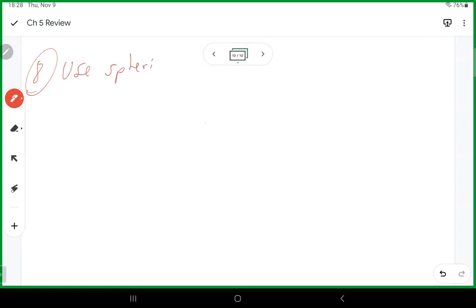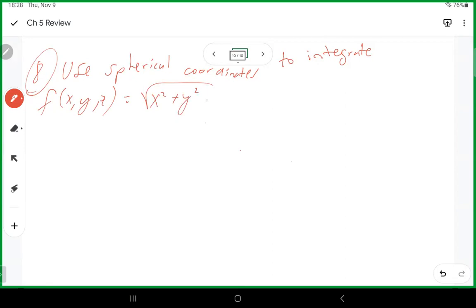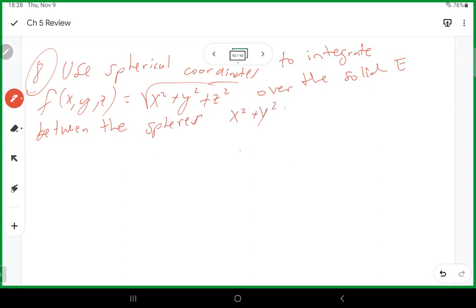Use spherical coordinates to integrate f of x, y, z equal to x squared plus y squared plus z squared over the solid E between the spheres x squared plus y squared plus z squared equals 1 and x squared plus y squared plus z squared equals 36.